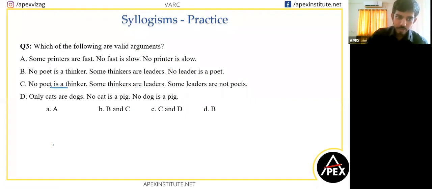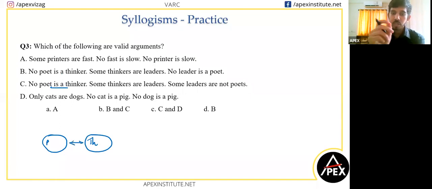No poet is a thinker. So we have two mutually exclusive sets for poet and thinker. And what we are told is these two can never overlap. No poet is a thinker. There are no common elements within them, right? And some thinkers are leaders. So let's use this same diagram and extend it with leaders.